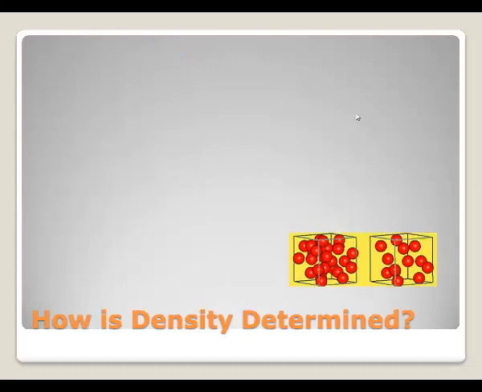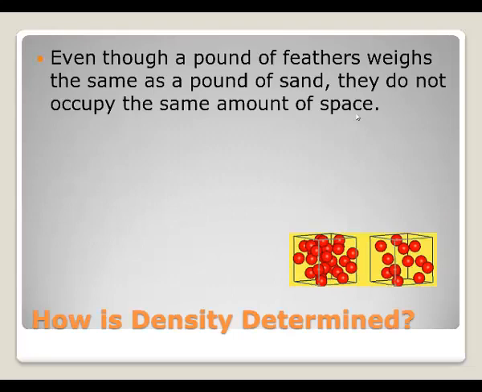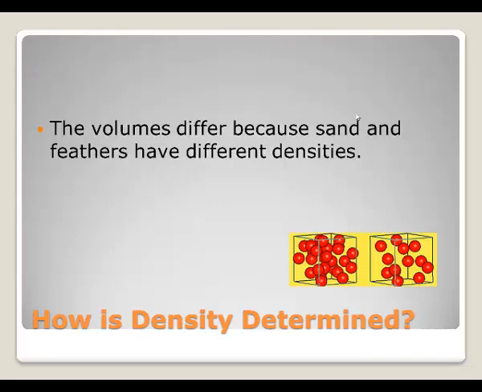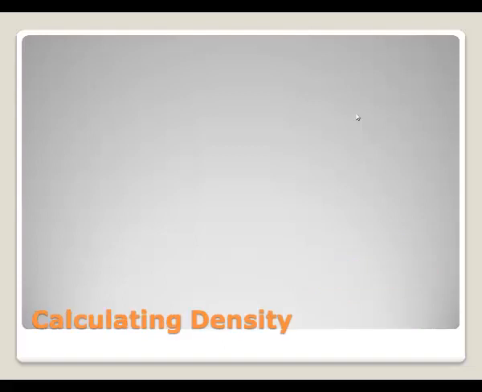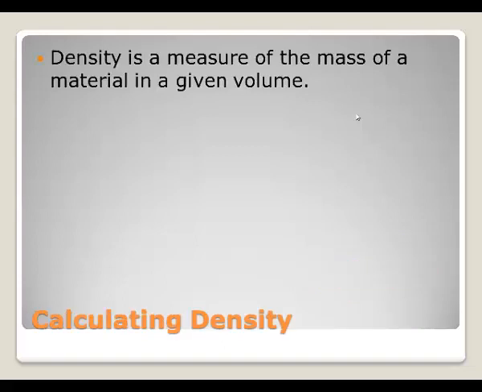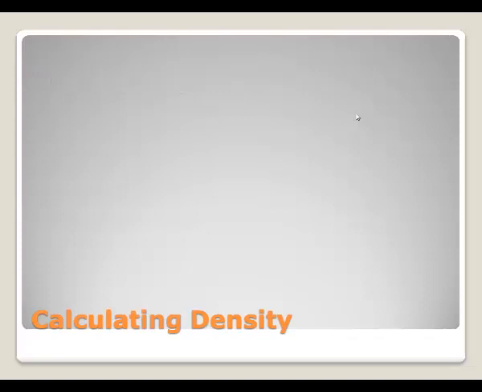How do we determine density? So even though a pound of feathers weighs the same as a pound of sand, they do not occupy the same amount of space. The volumes differ because sand and feathers have different densities. So in order to calculate density, it is a measure of the mass of a material in a given volume.